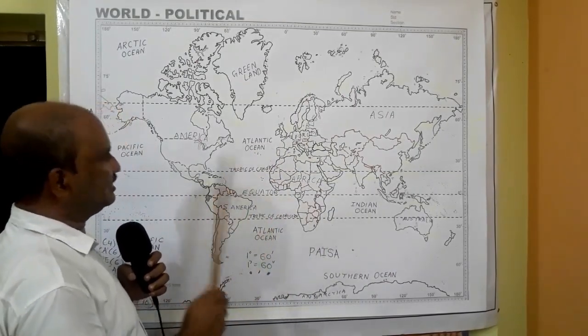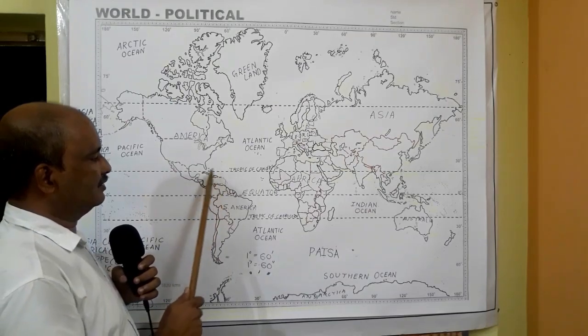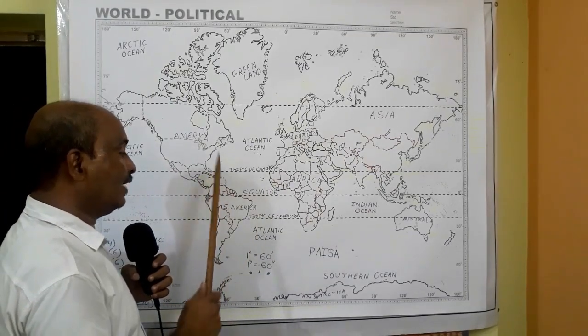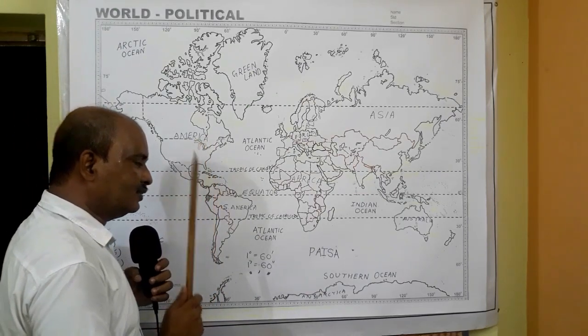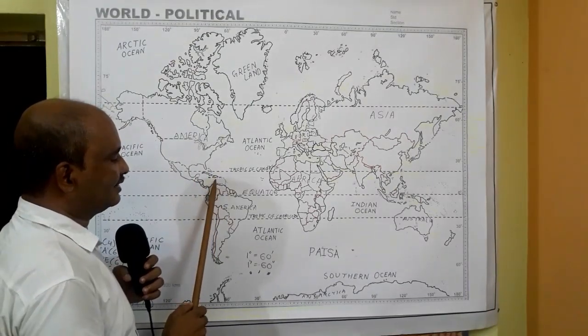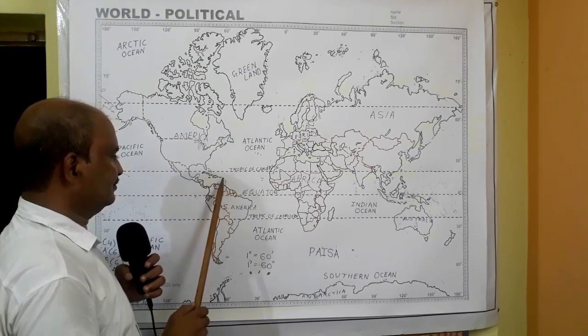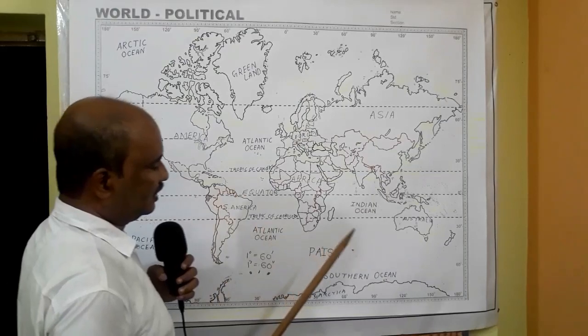One is the West Indies, what we today call the Caribbean islands. When they were explored, it was found later that it is not India, rather this is towards the western side of India. That's why those islands were named the West Indies.